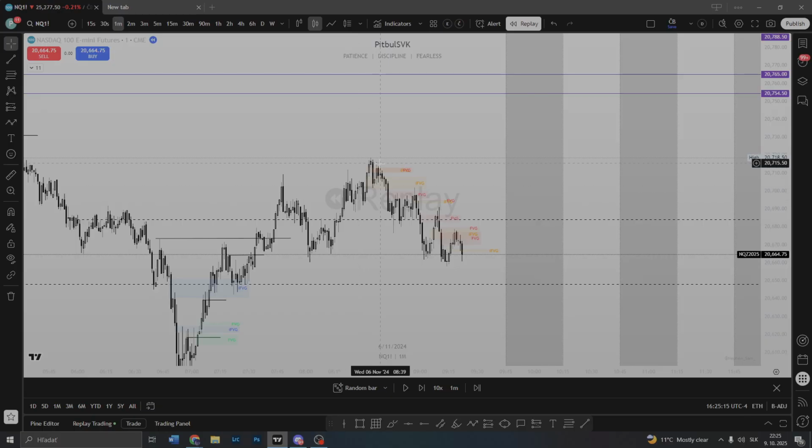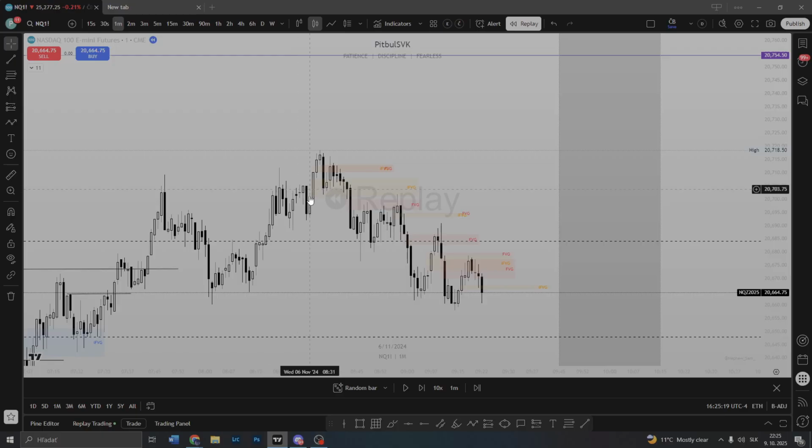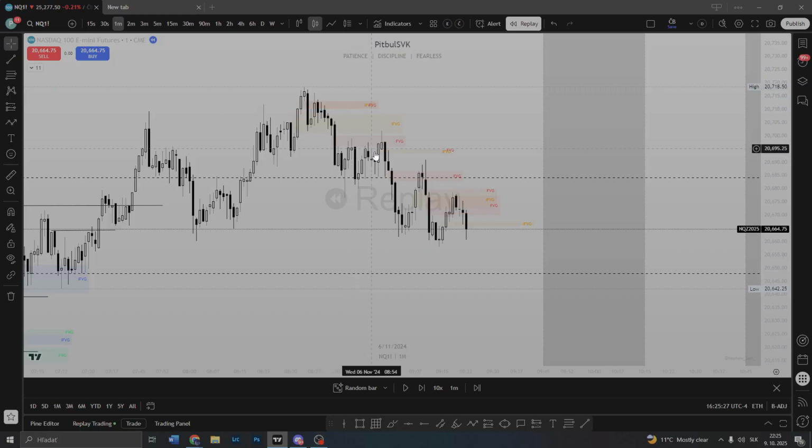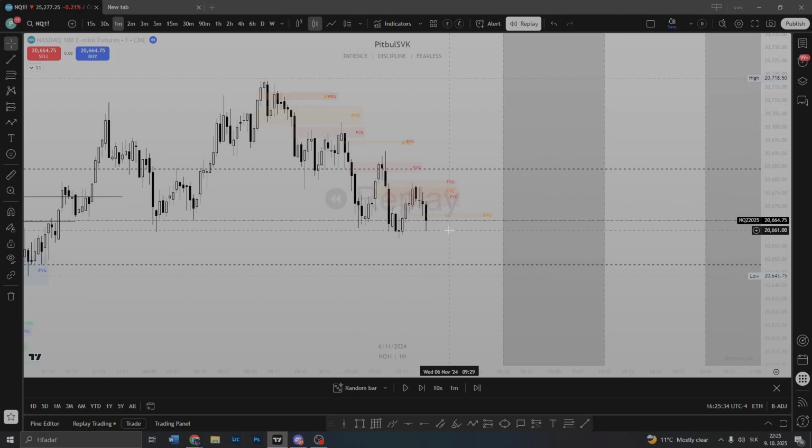But also it is manipulation, no? Because if we want to do zoomed in, manipulation, sweep, fair value gap, and now we are distributing, basically this being the first fair value gap tap, you know? First fair value gap held, and basically we are now displacing lower, and now it's just time distortion, like accumulation right here, and waiting for the 9:30 to open.